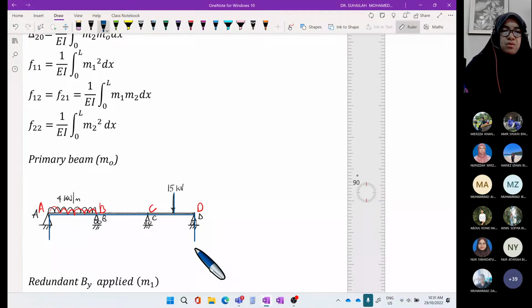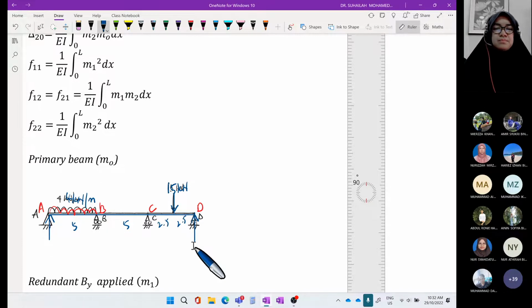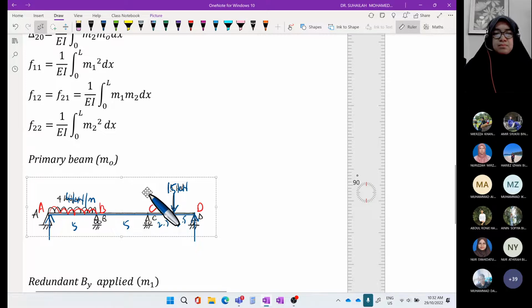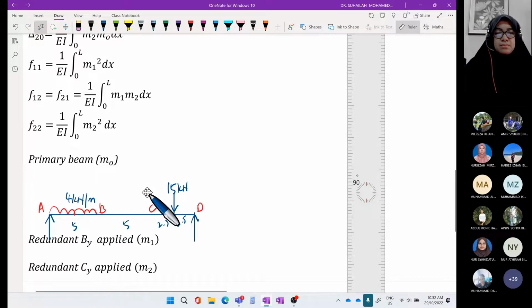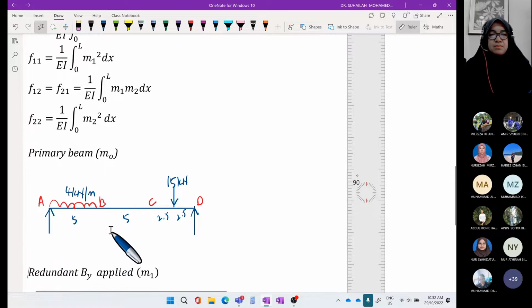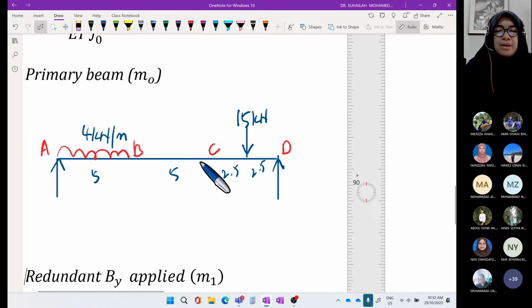It is 4 kilonewton per meter and a 15 kilonewton point load. The length is 5 meters, so this will be 2.5 and 2.5. This is the primary beam.